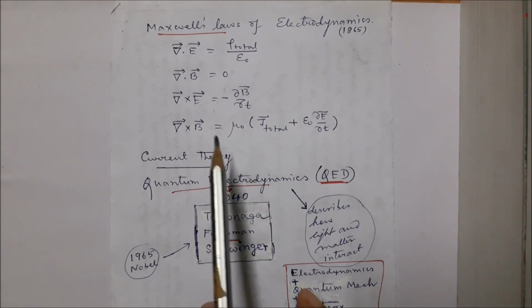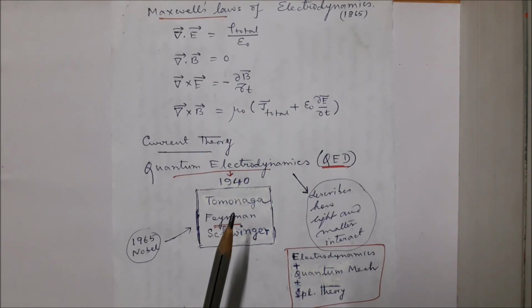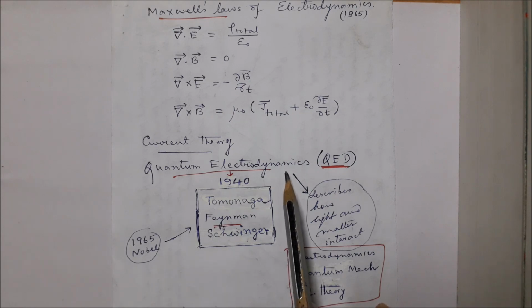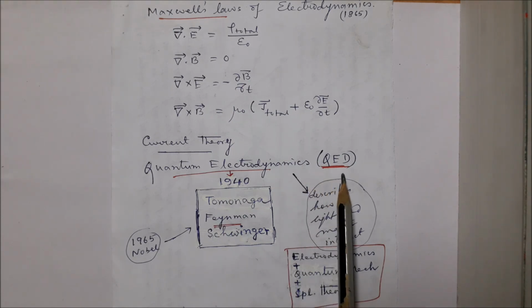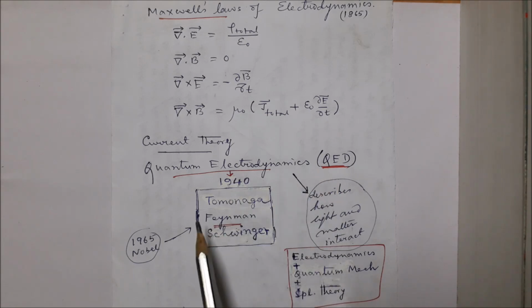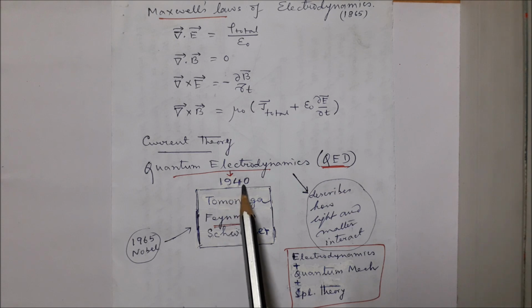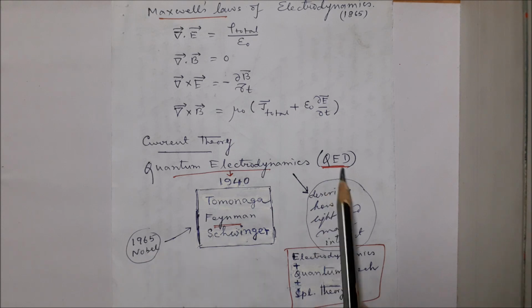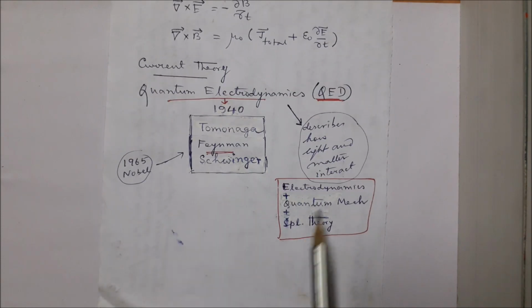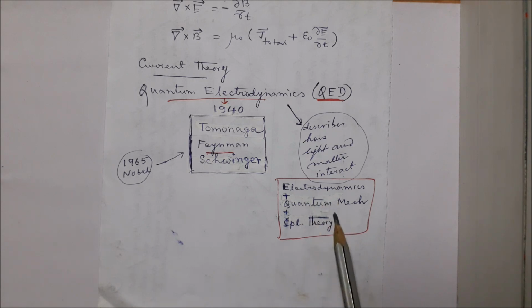And the current theory is quantum electrodynamics, abbreviated as QED, given by Feynman, Tomonaga, Schwinger in 1940, for which they received the 1965 Nobel. Now QED describes interaction between light and matter and is an effective amalgamation of electrodynamics, quantum mechanics, and special theory of relativity.